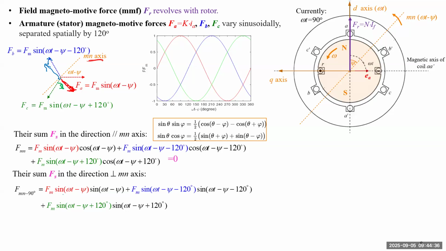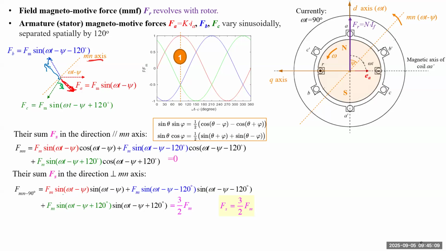That sum will be 3/2 of the peak value of the magnetomotive force. So finally, the total magnetomotive force, no matter which direction it's pointing to, always has the same value. It's constant, a constant magnitude under steady state condition, and the direction is orthogonal to the MN axis.